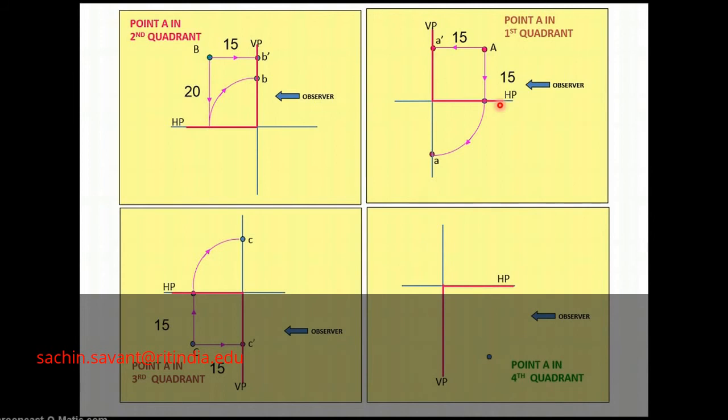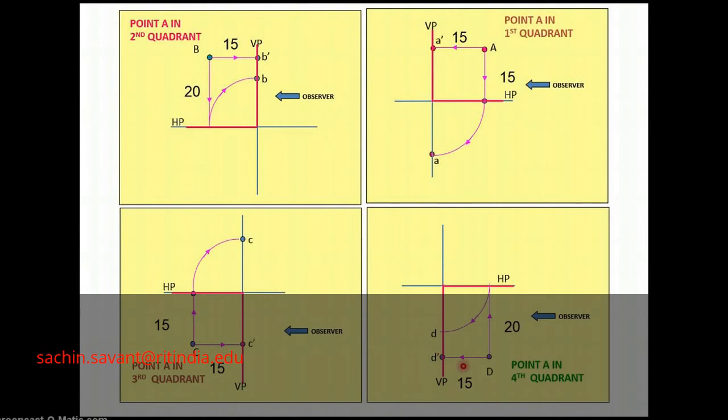Then the point D lies in the fourth quadrant, that is below the horizontal reference plane and in front of the vertical plane, and the blue direction is the observation direction. Point D is 15 mm in front of VP and 20 mm below the horizontal reference plane. This is the arrow direction in the front view, that is D dash.